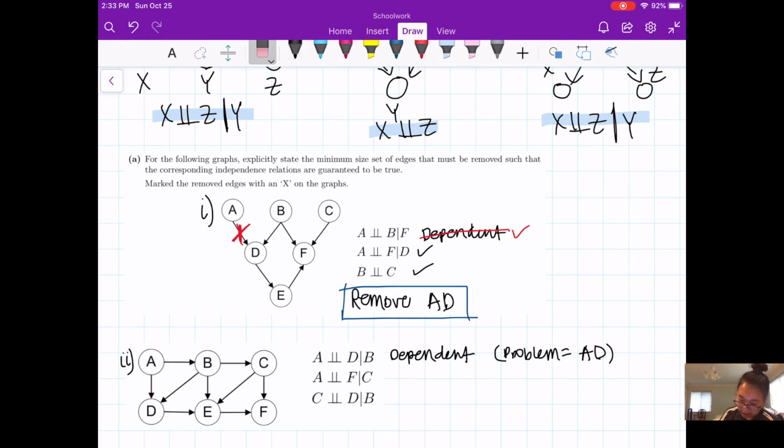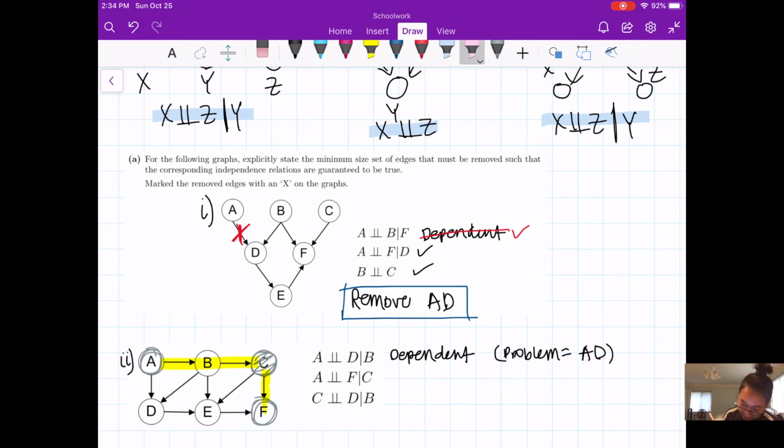Cool. And then now let's look at A and F given C. If we look at the different paths, there's quite a lot, but I'm just going to look at this one first, which is also a causal chain, and that is fine because we know that they are independent.